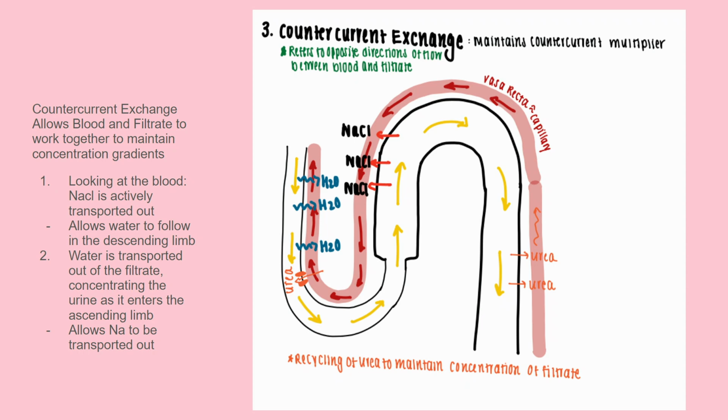So first of all, looking at urea, it is only permeable in the collecting duct. So there's no recycling of urea in concurrent flow. It's not being carried back into the filtrate so it can cycle back. It's just leaving and it's never going to be replenished in the filtrate.